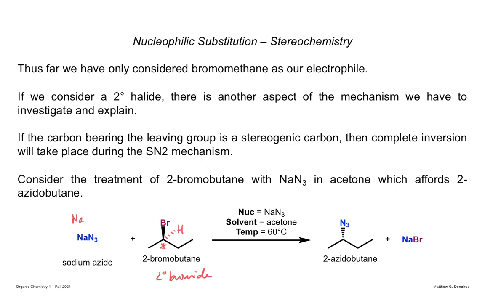So Na plus, N3 minus. It's going to attack from the opposite side of that bromine. And so that H then comes forward. And then the nucleophile is now on the opposite face. And so the SN2 mechanism occurs with inversion of the stereocenter.